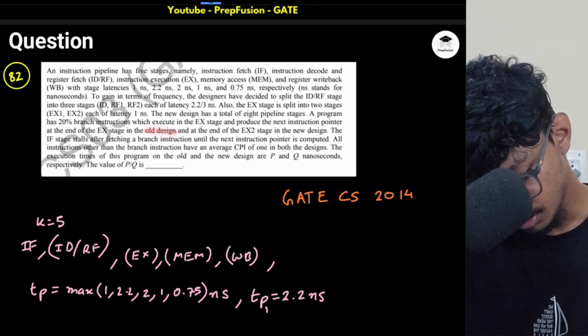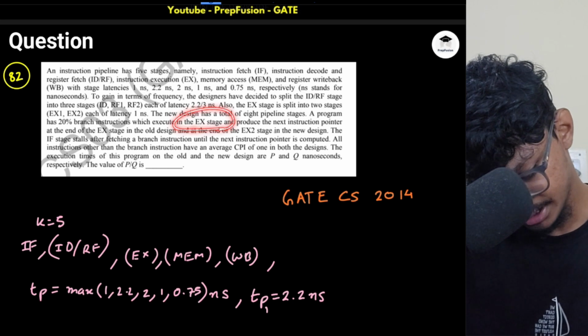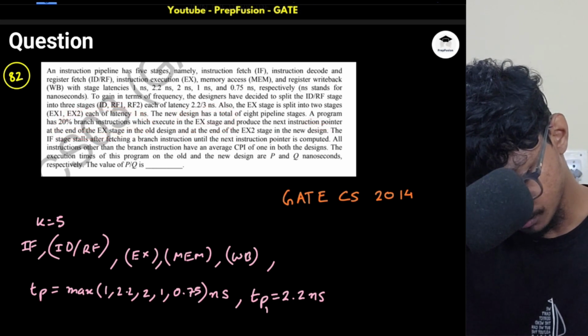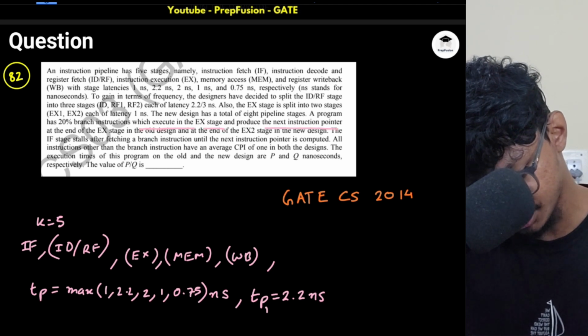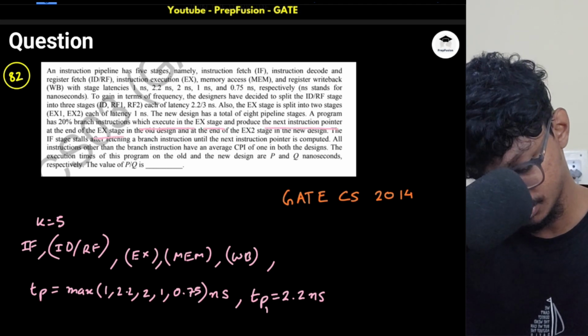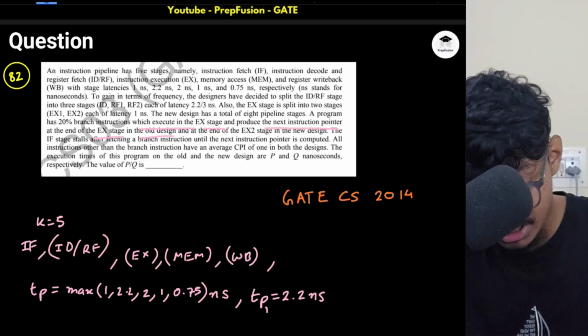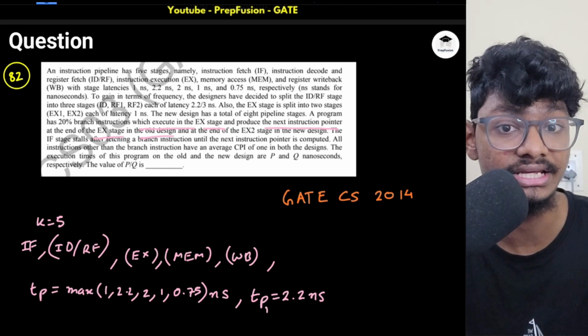Next, branch instructions execute in the execution stage and produce the next instruction pointer at the end of the execution stage in the old design. So what is this telling me? This is telling me when the branch condition gets evaluated.